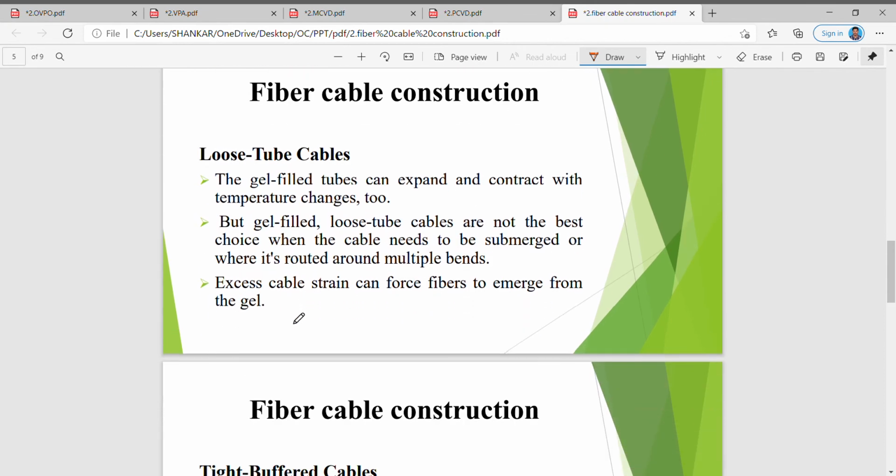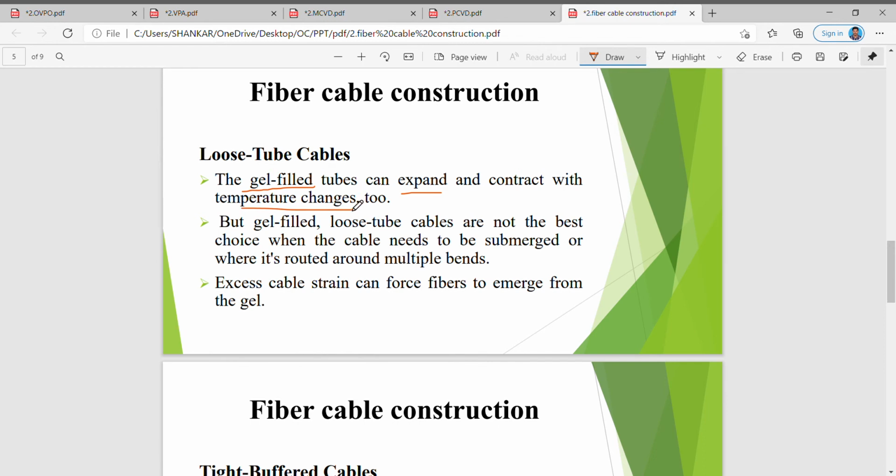The loose tube cables consist of gel filled tubes. These gel filled tubes can expand with temperature changes.